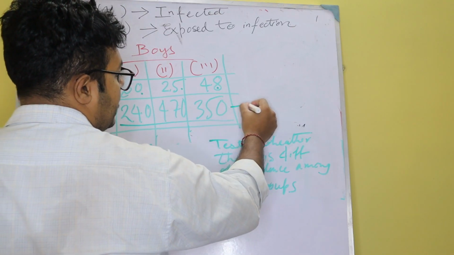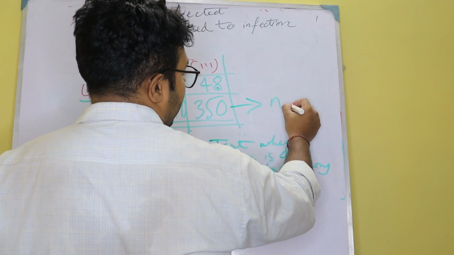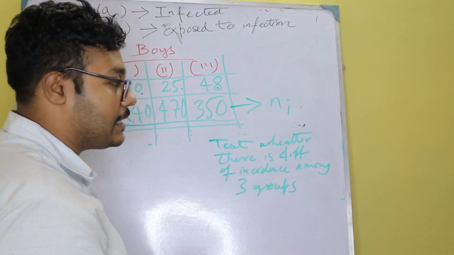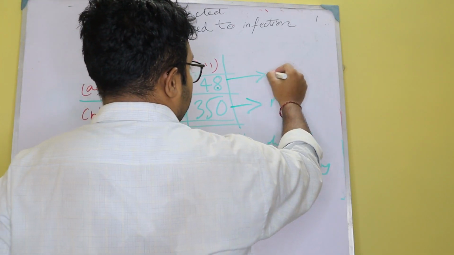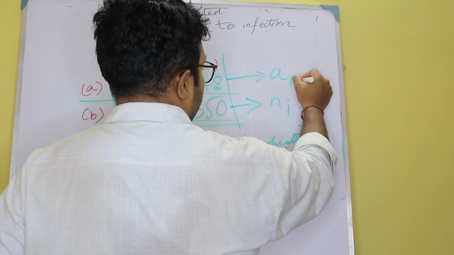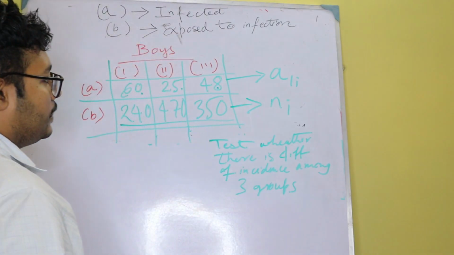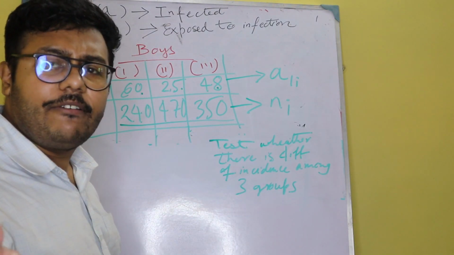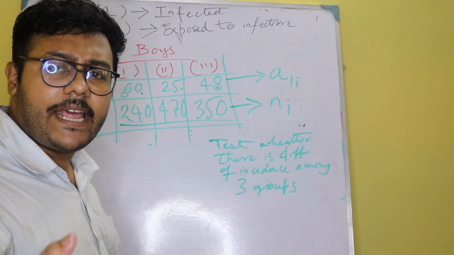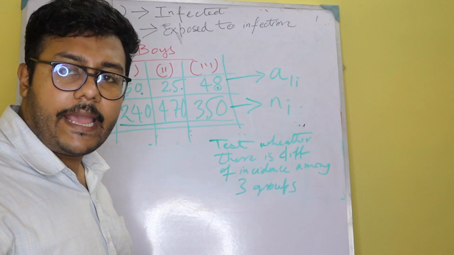So we can say that this row can be ni, that is the total of each column, and these rows can be a1i. So we need to deal with a1i and m1 and capital N.